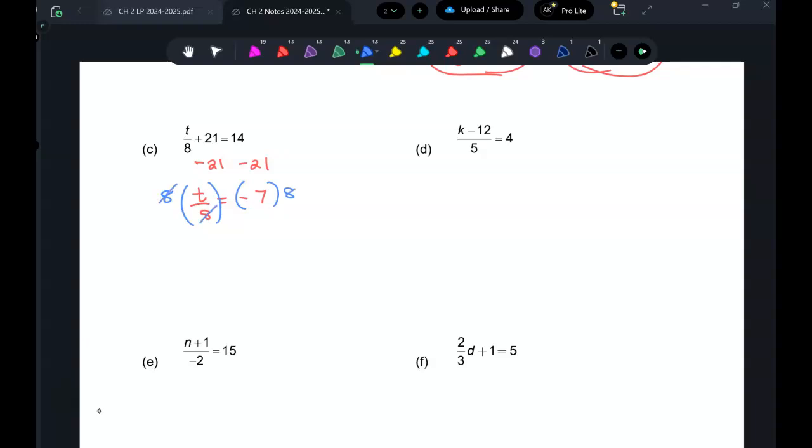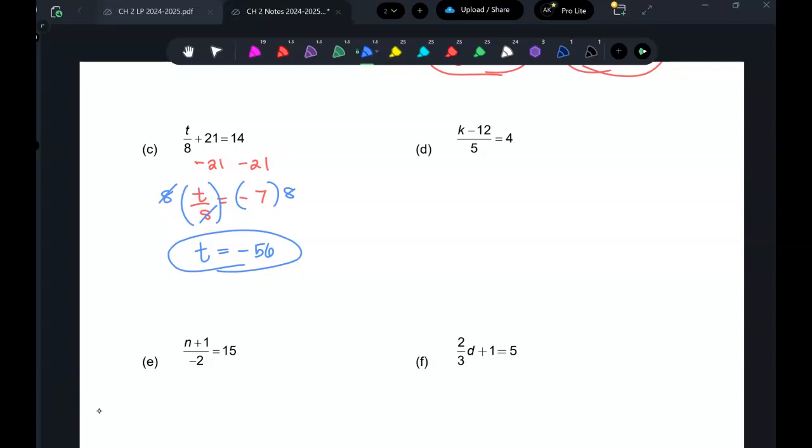And then the 8s cancel, and we get minus 56. Good. t equals negative 56. Again, you could go back here. Negative 56 divided by 8 would be negative 7. Negative 7 plus 21 is equal to 14.